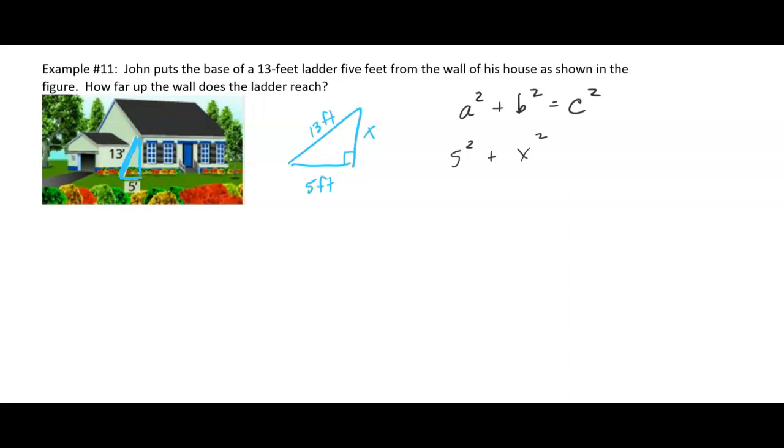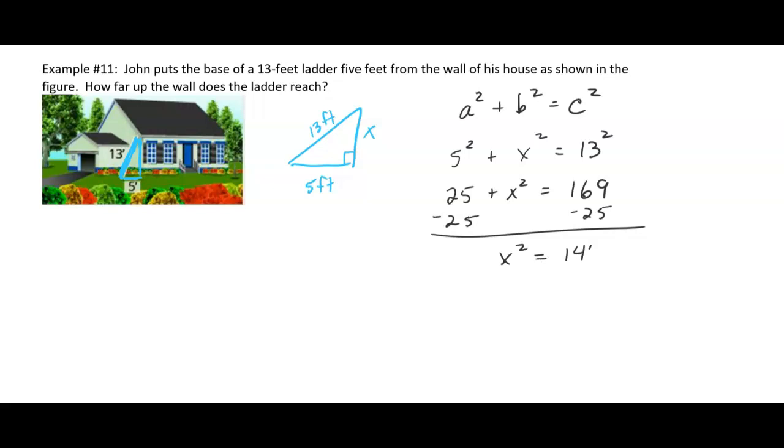X squared equals 13 squared. So 5 squared is 25. 13 squared is 169. So subtract the 25. And we get x squared equals 144.